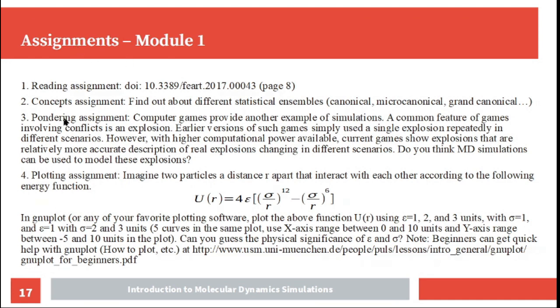This is quite an important one. Here we need you to think about if MD simulations can be used in a given situation. So just to give you an idea about where MD simulations can be applied, where they cannot be applied.